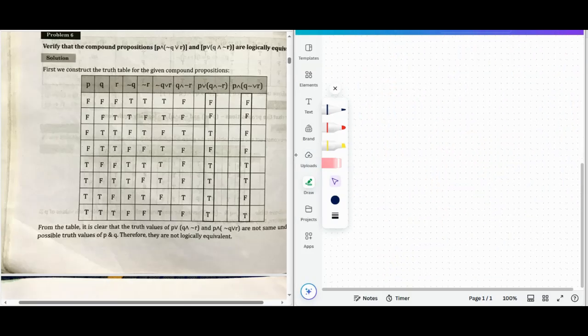Here we will take this: P and negation Q and R is logically equivalent to (P or Q) and negation R.